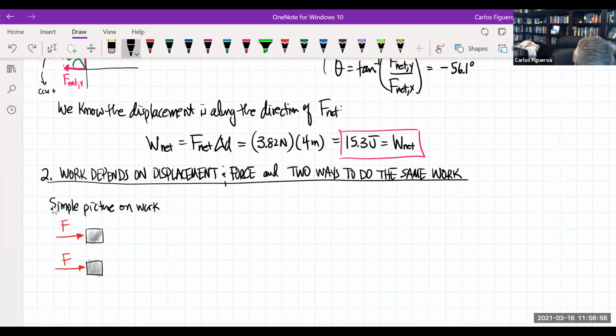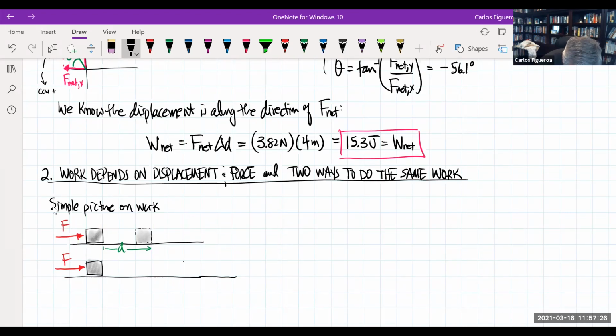Okay, and so what we really want to do here is push this block. One way that we can do this is to move this block this far. So if I move this block this far, then clearly the displacement of this block is that amount. But what happens if I move the block twice as far?